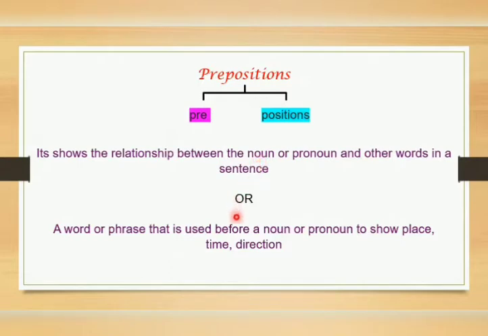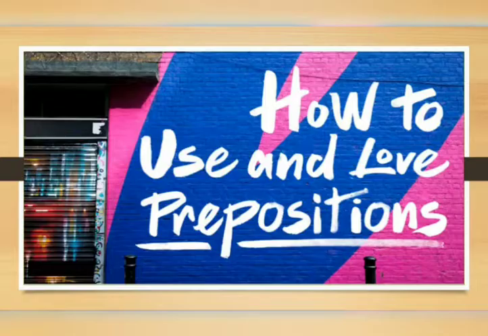Or you can say it is a word or a phrase that is used before a noun or a pronoun to show place, time, directions, etc. So a preposition is basically a word that tells you the position of the noun or pronoun. In the coming slides, we'll learn how to use prepositions.